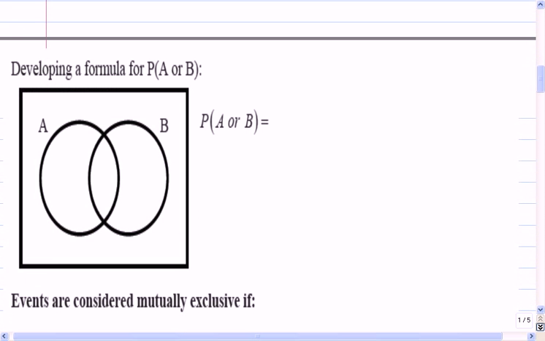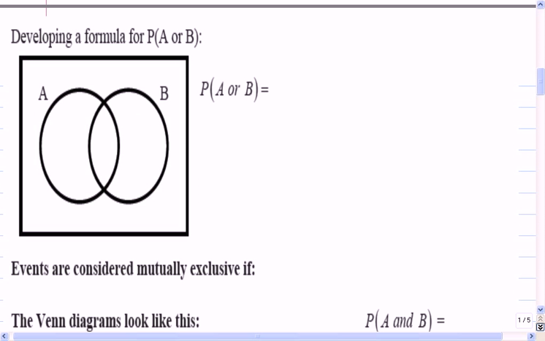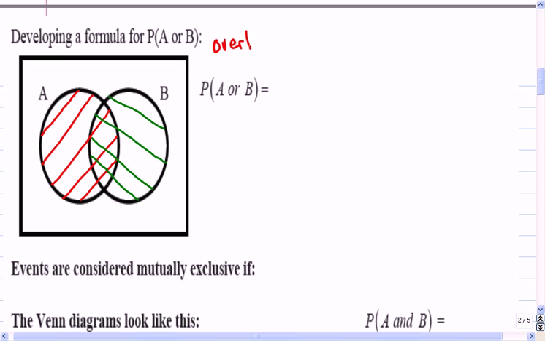So here's the Venn diagram, and what I'm going to do is shade in the event A as red, and shade in the event B as green. So what you can see is in the overlap, how many times has the overlap been counted? Yeah, the overlap is both red and green, so it's been counted twice.